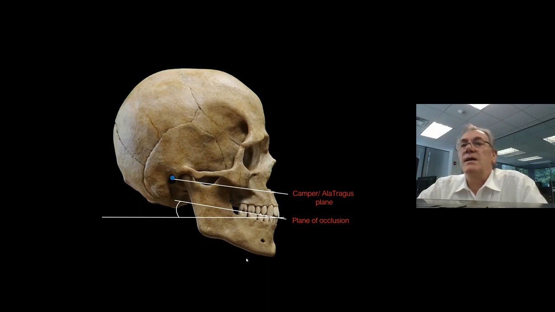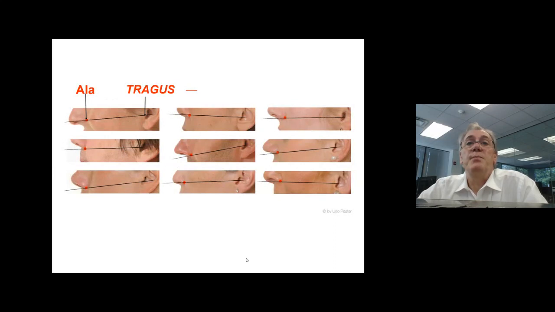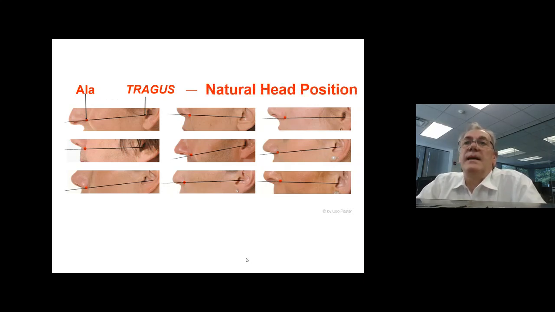That is basically what we are evaluating when we mount our models into an articulator. And this pitch can differ from plus 14 degrees to minus 10 degrees, and certainly from person to person. So it's absolutely fundamental that we somehow locate this plane of occlusion through the ala tragus and the natural head position.